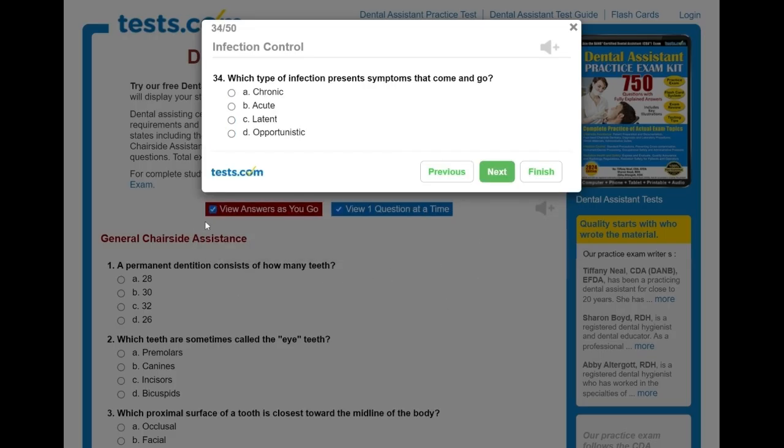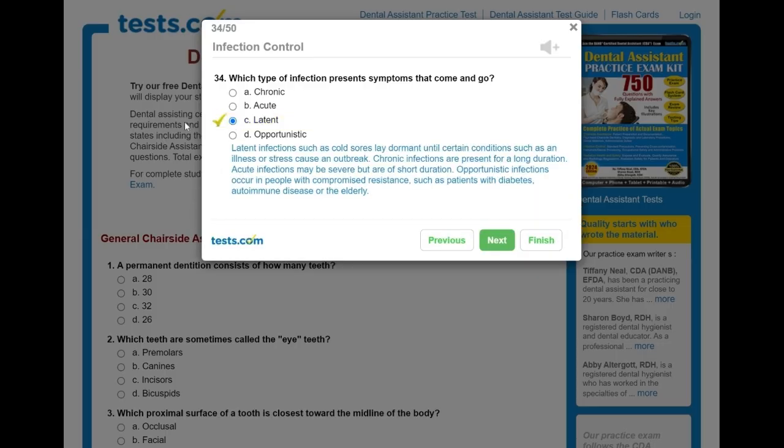Question 34. Which type of infection presents symptoms that come and go? A. Chronic. B. Acute. C. Latent. D. Opportunistic. C. Latent.